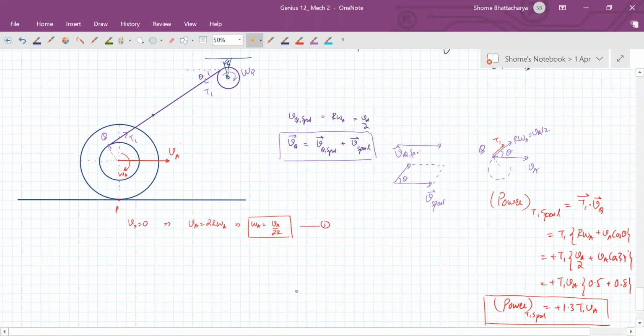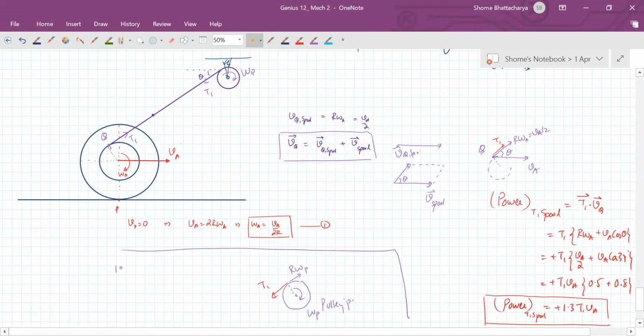So on the pulley, it's a very simple situation. This is rotating at some omega p, and the tension T1 is just acting at this point. So this point where it's acting has a velocity of r omega p.